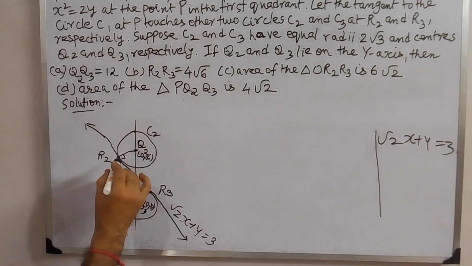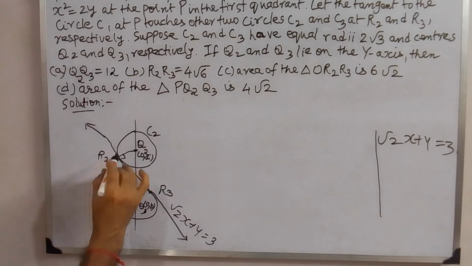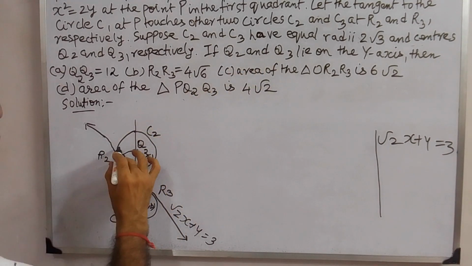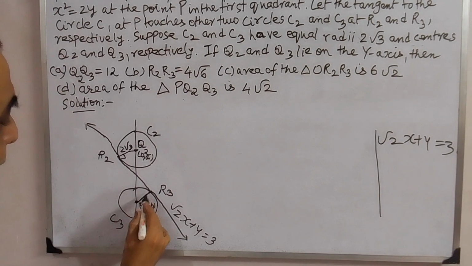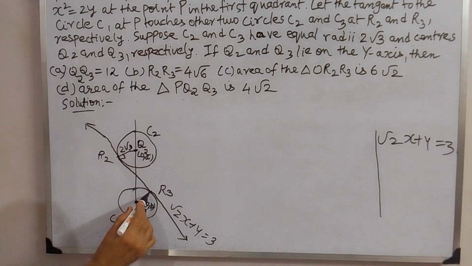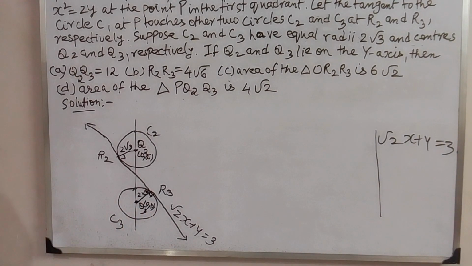And its length is given, the radius is 2 root 3. And similarly, if I join the center of this circle with the point where the tangent is meeting this circle, that will also be perpendicular, and it is also given that the radius is 2 root 3.